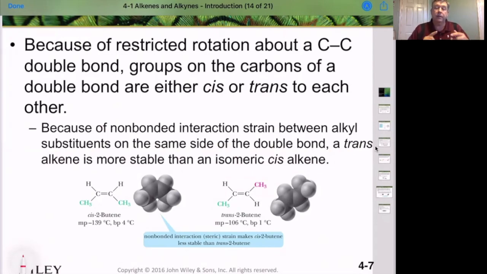The cis isomer has the two methyl groups closest together, which strains it a little more and gives a slightly different boiling point than the isomer with them on opposite sides, where they're not close to each other at all. So the pi bond is what keeps it from freely rotating, and without free rotation, we now have isomerization.